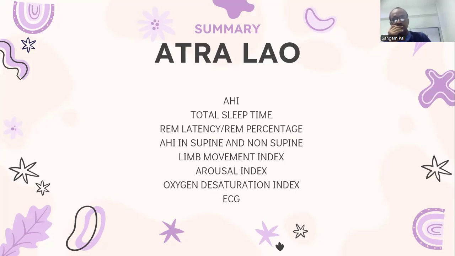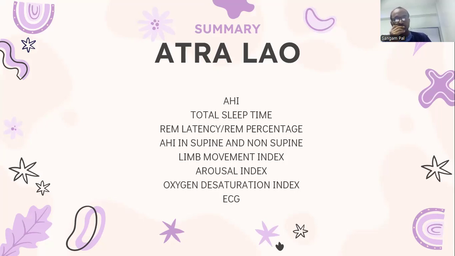And if his limb movement index is normal and arousal index is high, and most of the arousals are spontaneous arousals, then he'll need another kind of evaluation, maybe involving a psychiatrist, or if the patient has chronic back pain, or he is anxious or hypervigilant, he has some depression or something else.